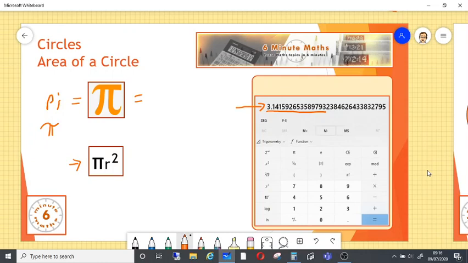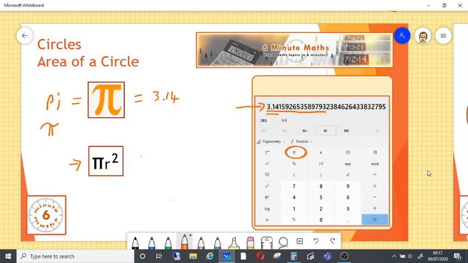So if you were calculating on a GCSE paper, you would use a calculator and push your pi button to find out the value of pi, and then use it for whatever you need. For functional maths, you're given a value for pi, which is 3.14. So we don't have to use this infinite number. We're just given the first three digits, 3.14.